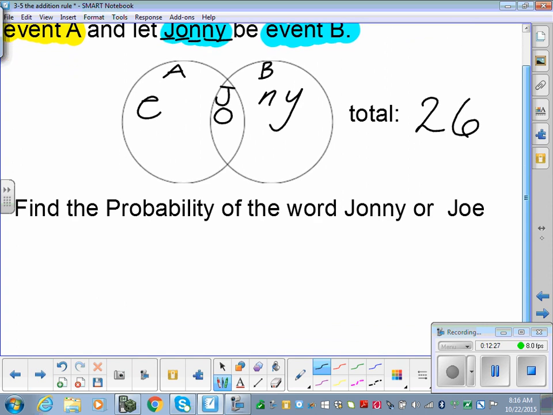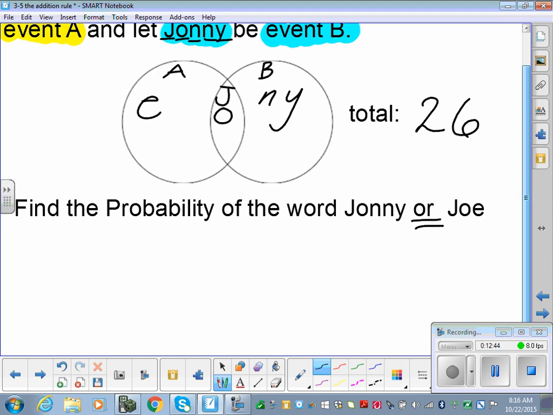So now, if we have a Venn diagram, it's easy. It says find the probability of the words Johnny or Joe. So, or means union, right? If it's in A or B, it's welcome. So how many letters are in Johnny or Joe? What's the union of A and B?